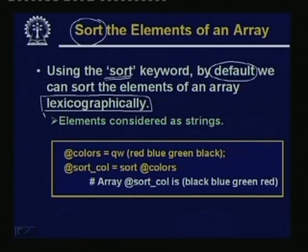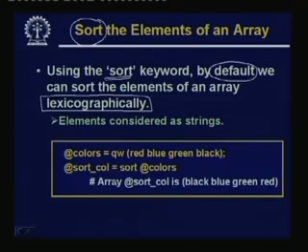Lexicographically means the elements of the array are treated as character strings and they will be sorted in dictionary order. Dictionary sorting means lexicographic ordering, okay? And the sort command by default considers that all elements are strings. For example, if you write a number 25, it will be considered as the string 2 and 5.